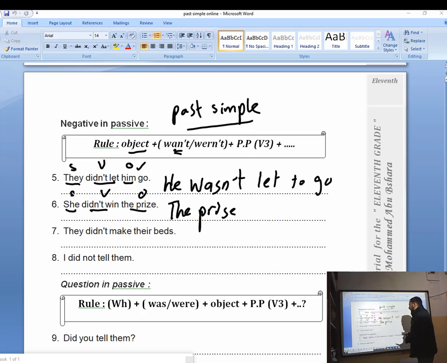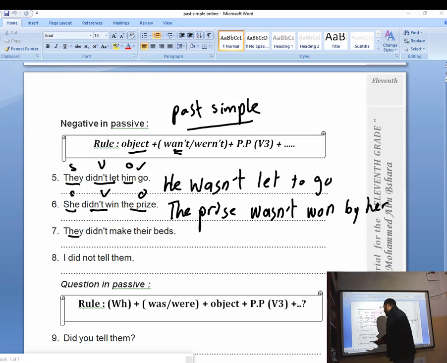Of course, we use wasn't for the prize because it is singular. Wasn't won. The verb 3 of win is won. We change it to verb 3. The prize wasn't won by her.